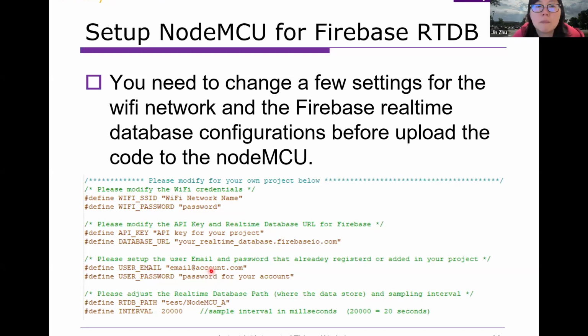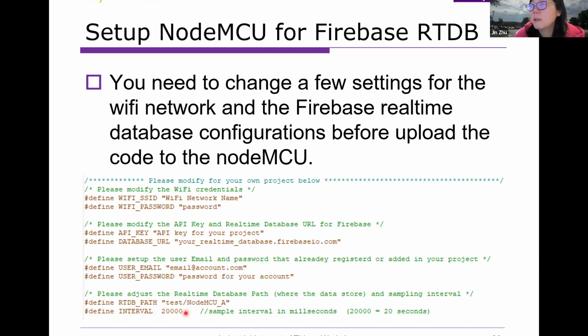The last two things relate to where you want to store the data. In this sample, I'm setting the RTDB path as test slash NodeMCU. That means it's under the root path of your realtime database, and then under test and the NodeMCU. So it's pretty easy to follow.